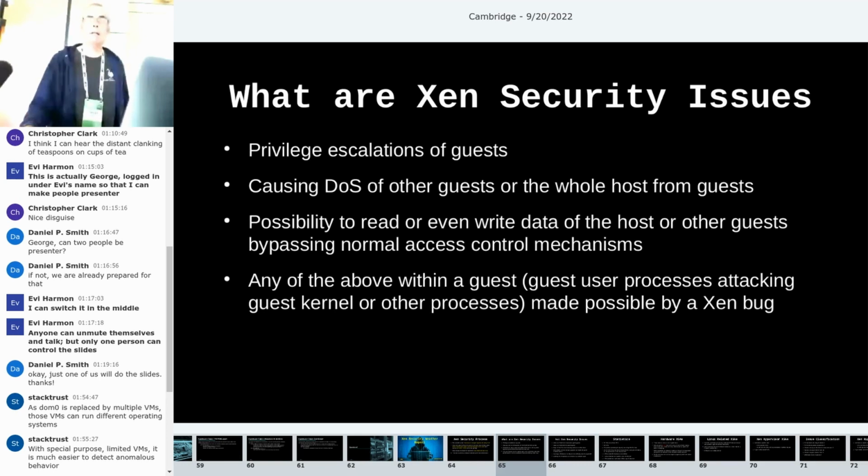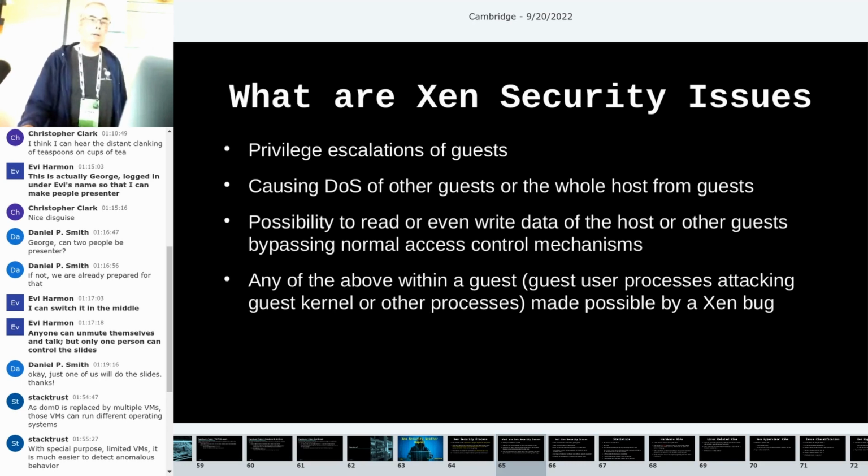Another important topic is, what are Xen security issues? Well, quite obviously, any privilege escalation of a guest is a security issue. So when an unprivileged guest suddenly gains control over other guests or over the whole host, this is a security issue.